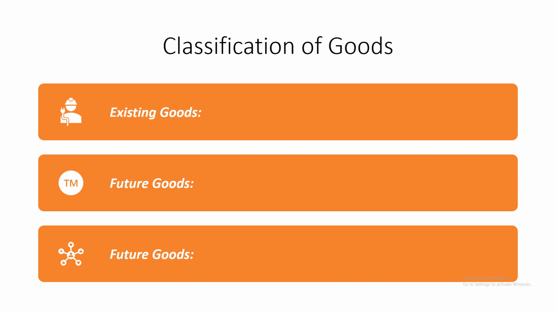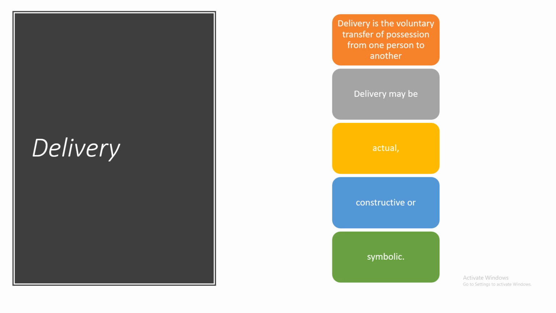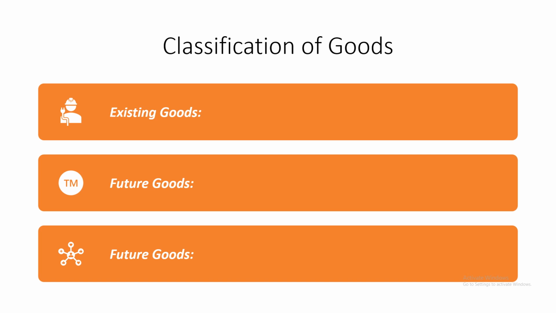Let us check what are existing goods. Existing goods are such goods as are in existence at the time of the contract of sale. That is, they are owned or possessed by the seller at the time of sale.